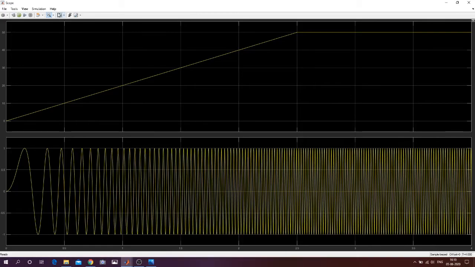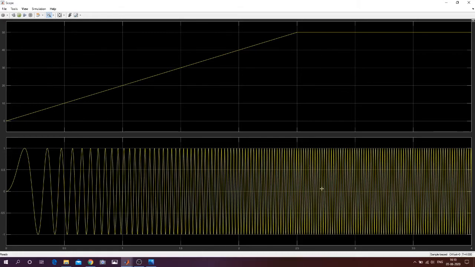Let's see. So this is the rise of frequency from 0 to 50 Hz, right? Meanwhile you see that the frequency of the sine wave has also increased. Here the density of the wave is low, here the density is high. So in this zone, this should reach 50 Hz.